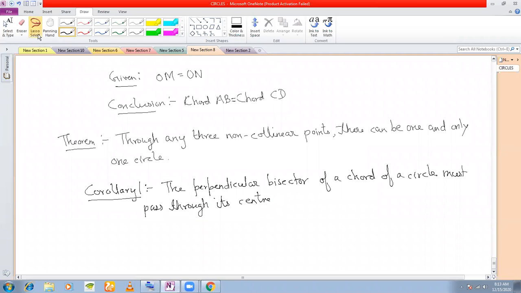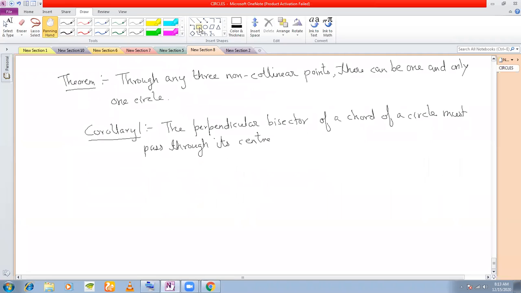Okay, so what does this mean? I have a circle. We take a chord. Let's say this is the center.